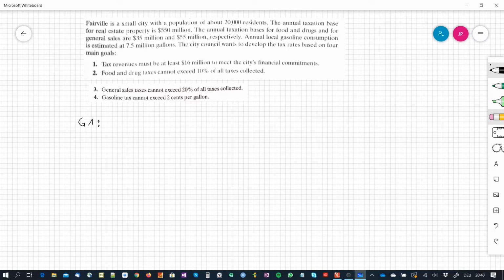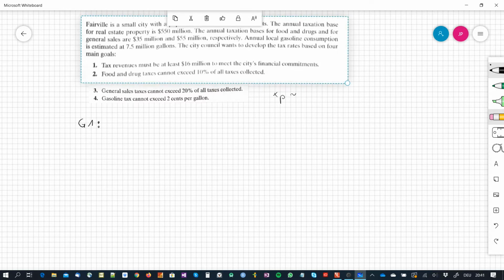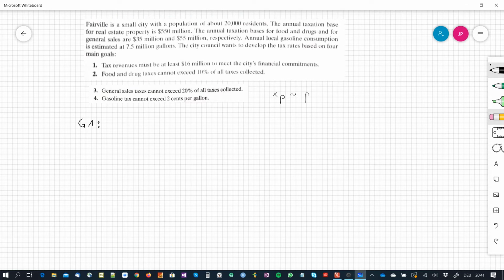By the way, we have given also some variables. We have XP that presents the property taxes.